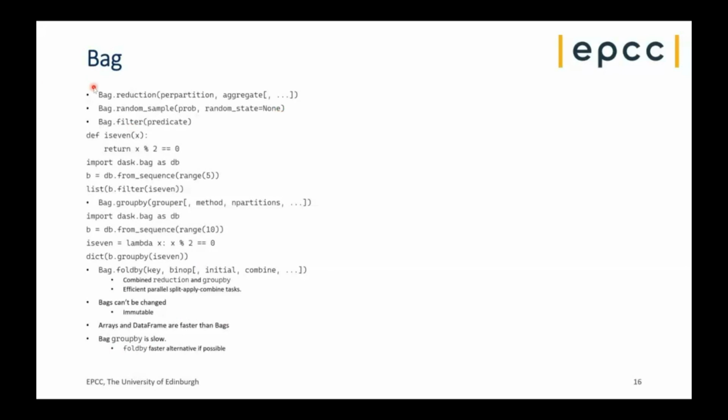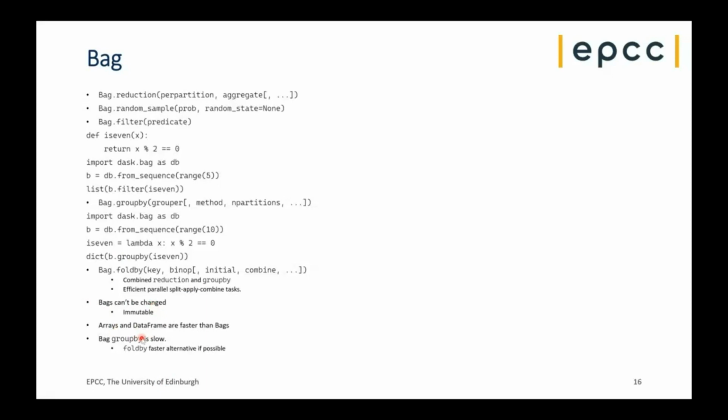You can also work on other functionality, so build some filters. You can create a function which does a filter, and you can apply that across your whole bag, or a lambda in the same kind of way, etc. You've got to remember that bags can't be changed; they're immutable.